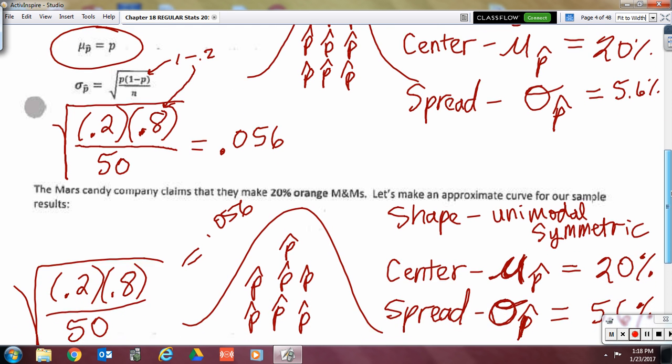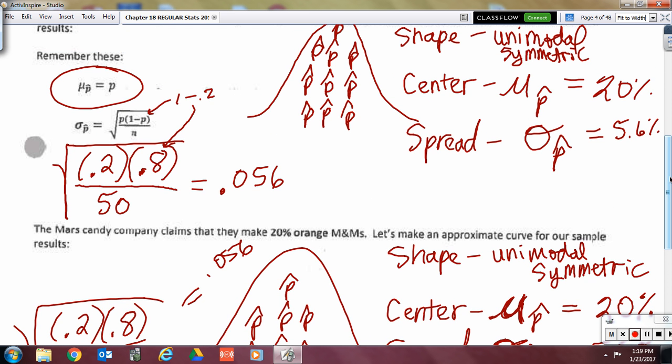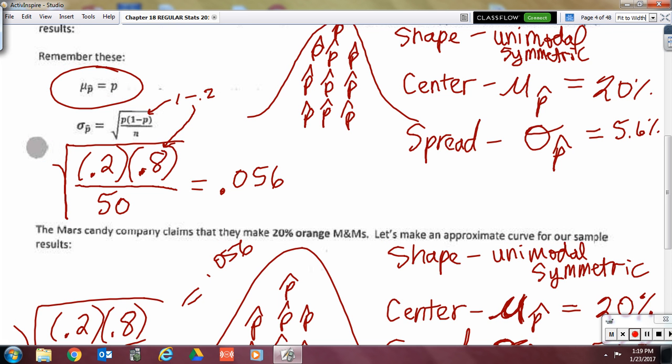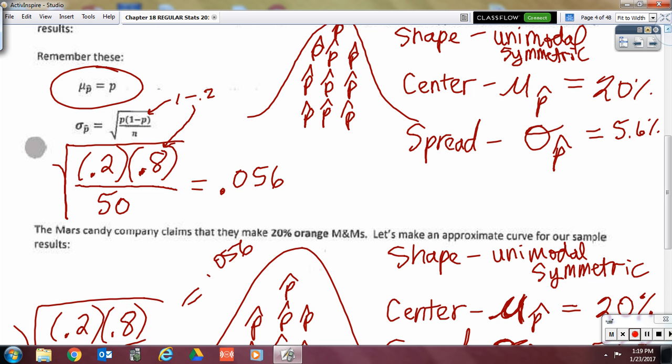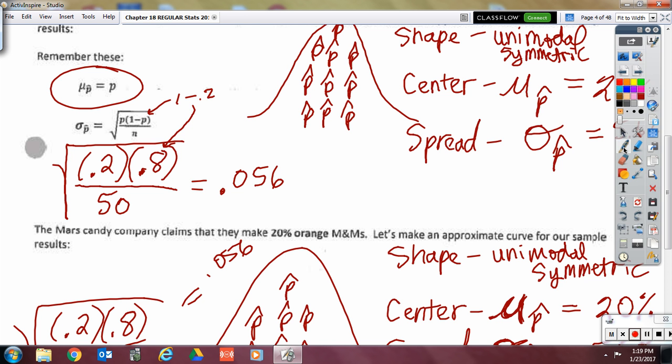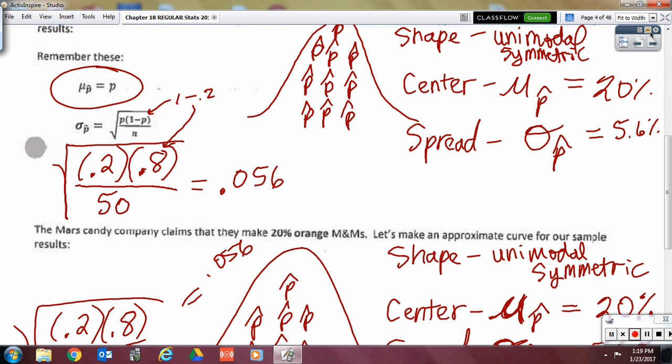And remember that we had the center was located right there where the true P is. So for us, the M&M's company said 20% blue. So that's where all the P hats should be centered around, is that 20% blue, okay? And then they had a different standard deviation.